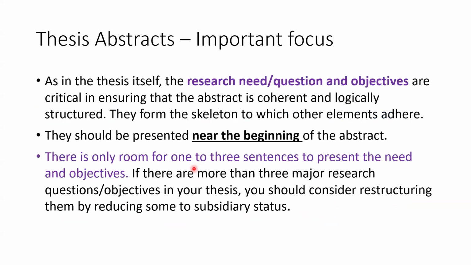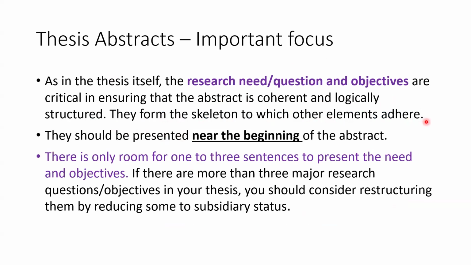So, the thesis abstracts, some of the focus that you need to have. As in the thesis itself, the research need, question, and objectives are critical in ensuring that the abstract is coherent and logically structured. They form the skeleton to which other elements adhere. This is very important.